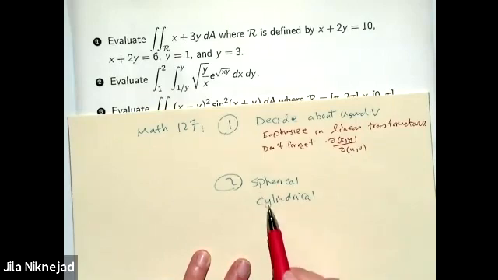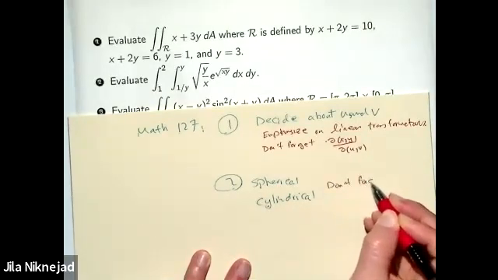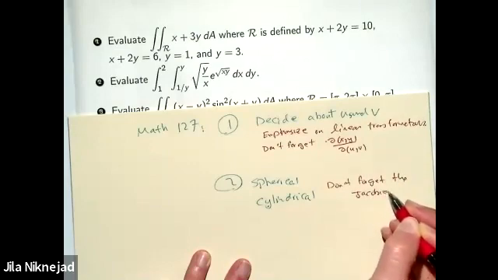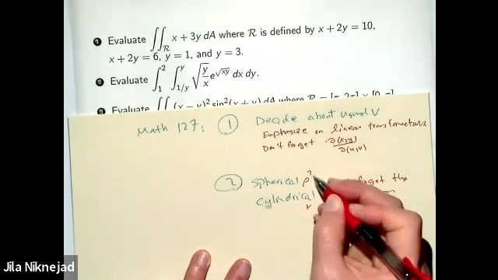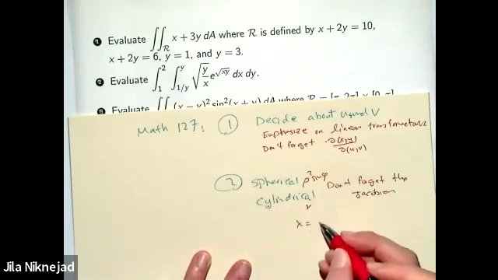And for spherical and cylindrical, don't forget the Jacobian. For cylindrical it is r, and for spherical it is rho squared sine of phi. Don't forget that routine.